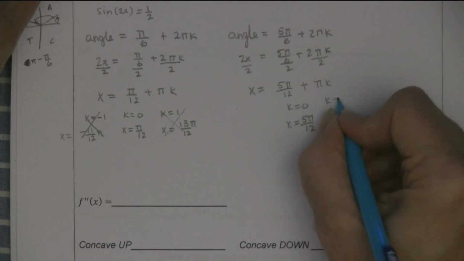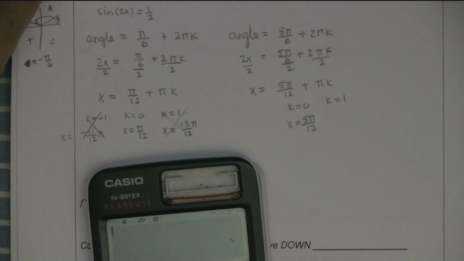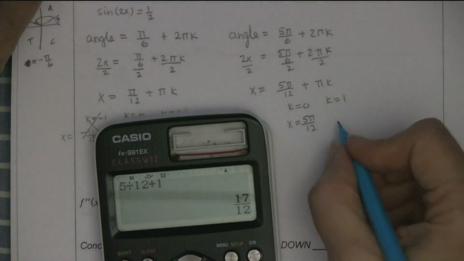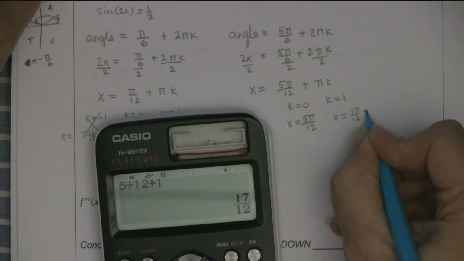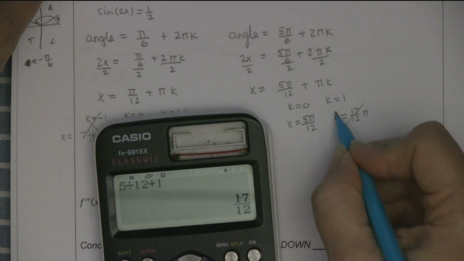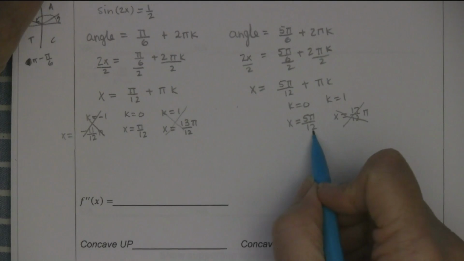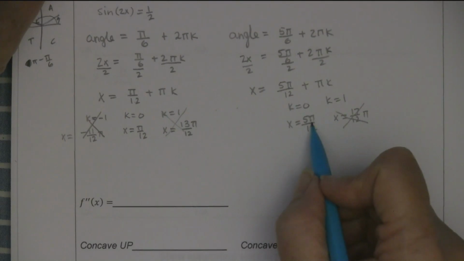If k is 1, so let's see if it gets too big. So I had 5 divided by 12 plus 1 is 17. That gives me x equals 17 pi over 12, and that's bigger than pi over 2. Uh-oh, is 5 pi over 12 bigger than pi over 2? No, 6 pi over 12, right, is pi over 2. So this is smaller than that.